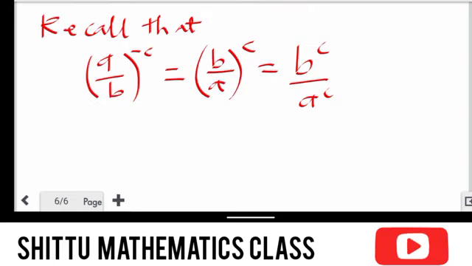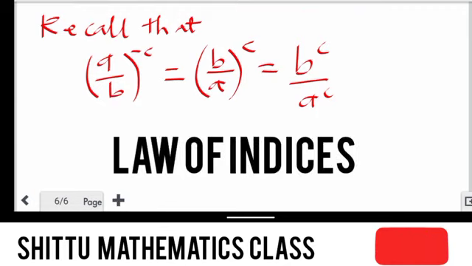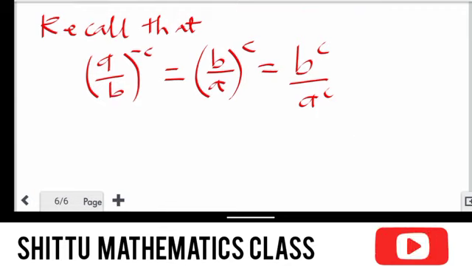From the law of indices, when you have (a over b) raised to power minus c, and you want to eliminate the minus, you just take the reciprocal of what is inside the bracket. The numerator and the denominator change their position, and the minus is neutralized.